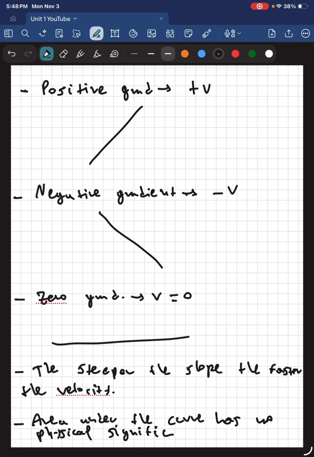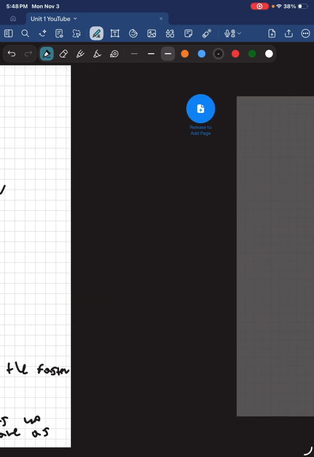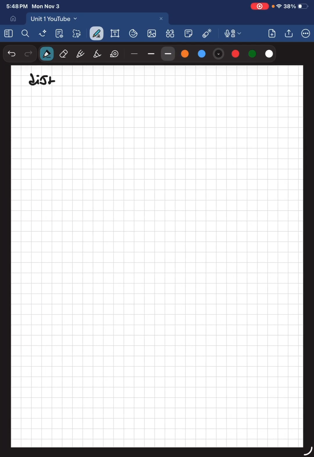The same goes, by the way, for the area under the distance time curve, so I'm going to write it here: same as distance time graphs. So it means nothing.